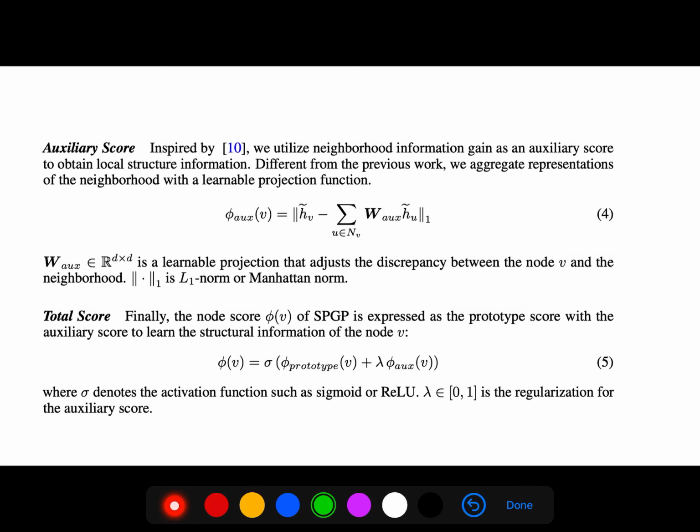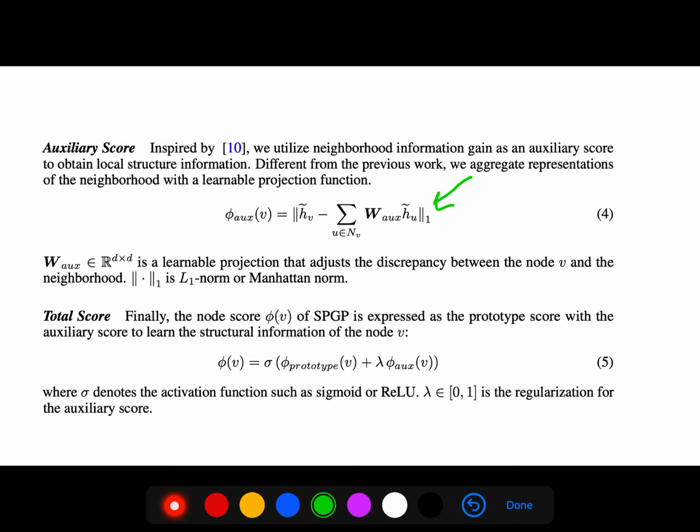Then we have an auxiliary score: neighborhood information gain is an auxiliary score to obtain local structure information. So we aggregate representations of the neighborhood with the learnable projection function.